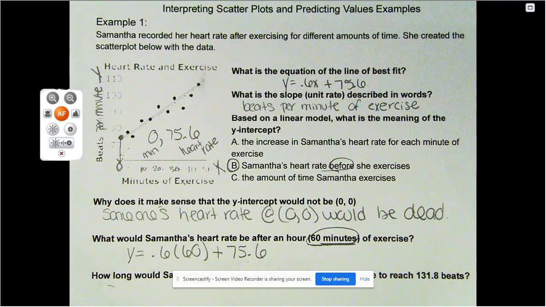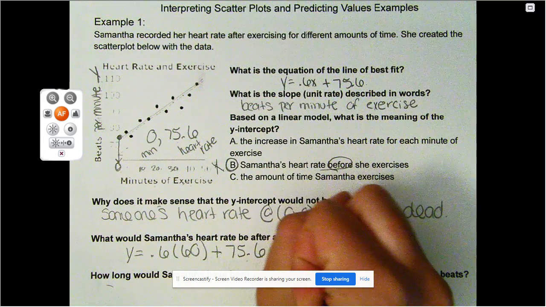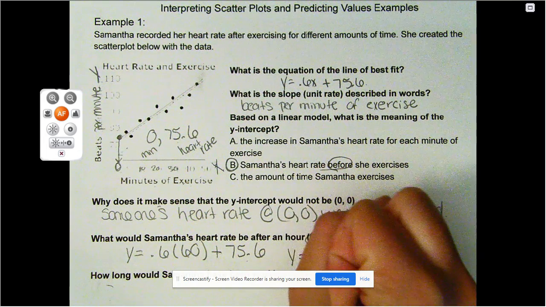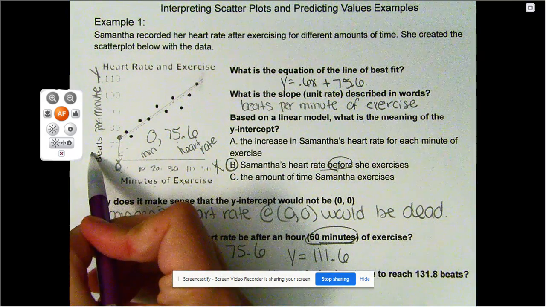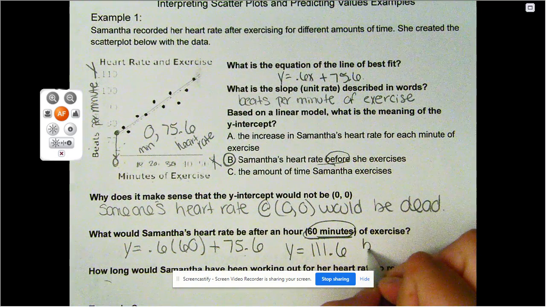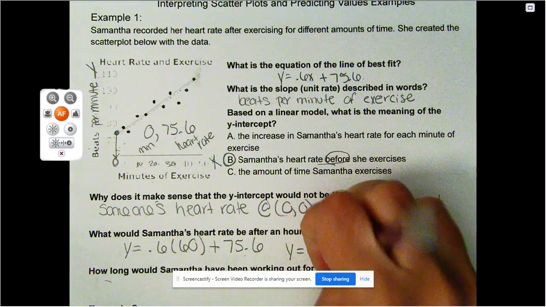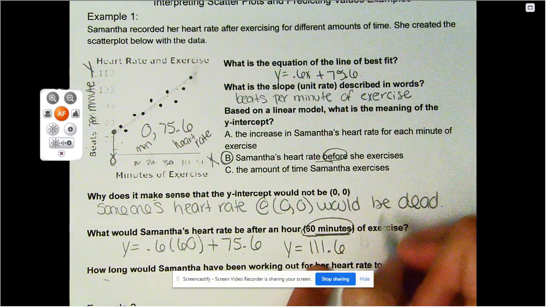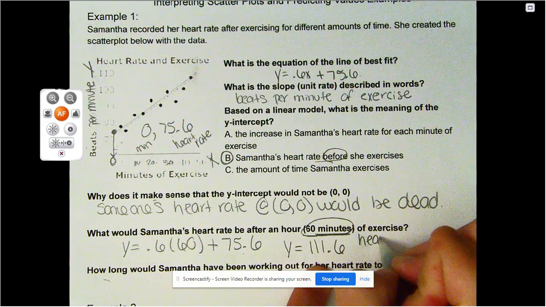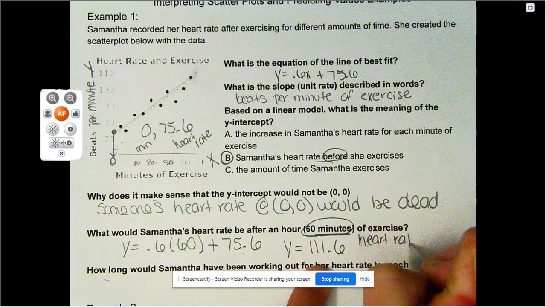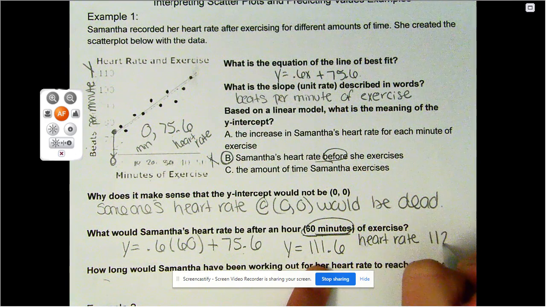So y equals 111.6, and y is my beats per minute. Her heart rate is going to be at 111 beats per minute, or we can round up to 112.